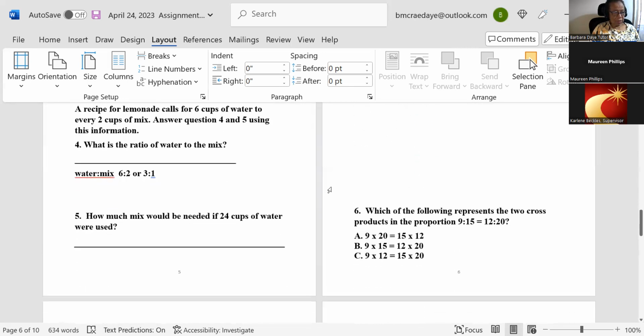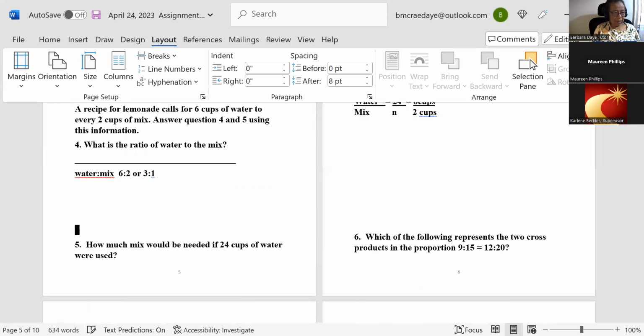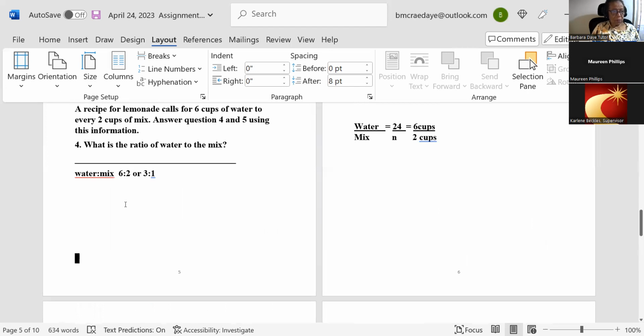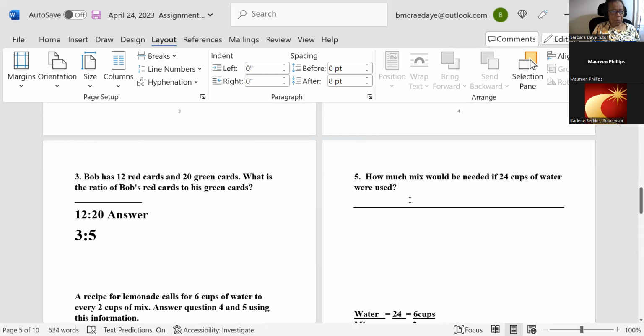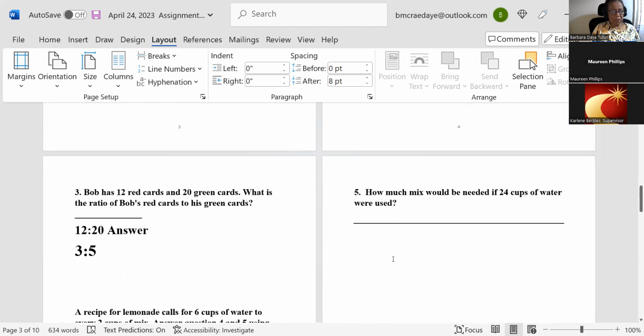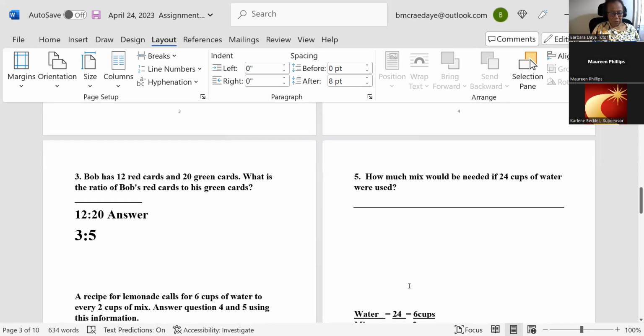How much mix will be needed if 24 cups of water were used? Number 5. That'd be 24 and 6 because 6 cups of water. So, how would you solve number 5? Okay. How would you solve it?